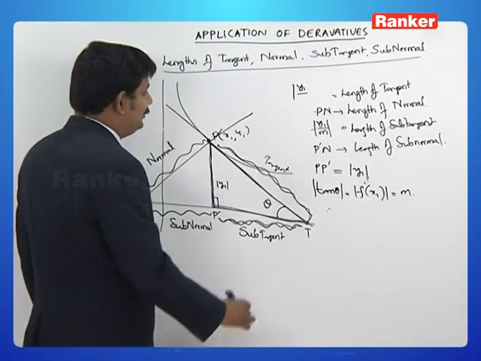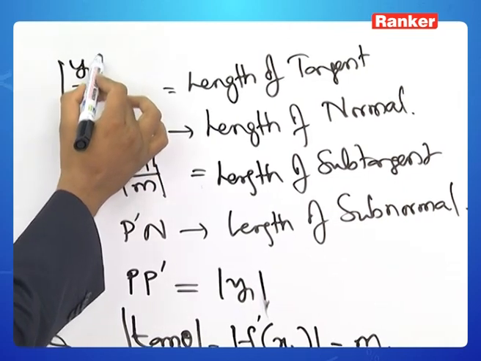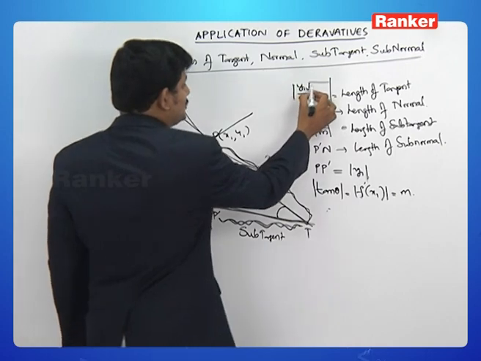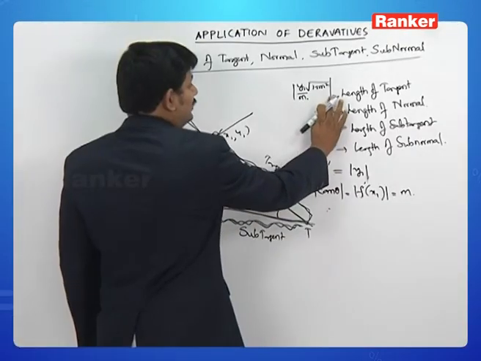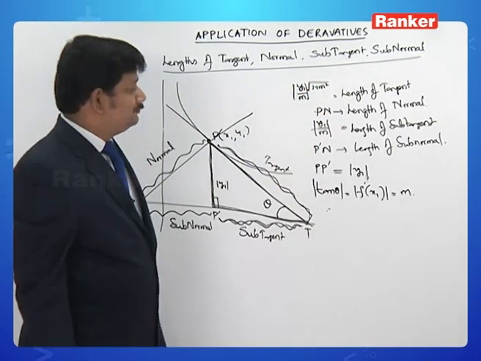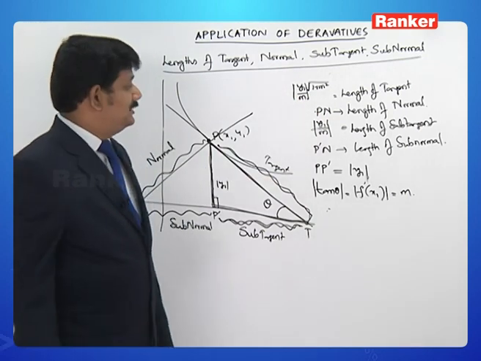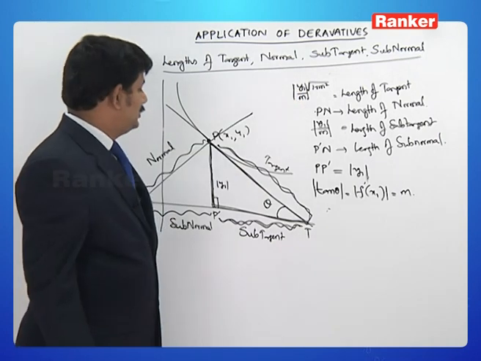Sin theta would be tan theta divided by secant theta, which is root over 1 plus m square. So length of the tangent is mod y1 by m root over 1 plus m square, where m is dy by dx at that point and y1 is ordinate at that point.